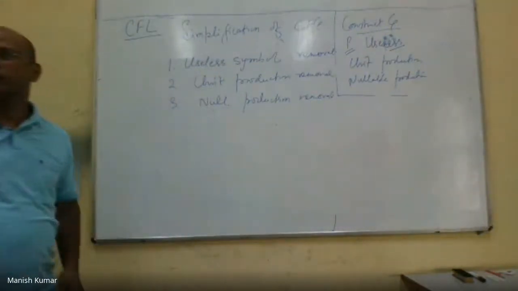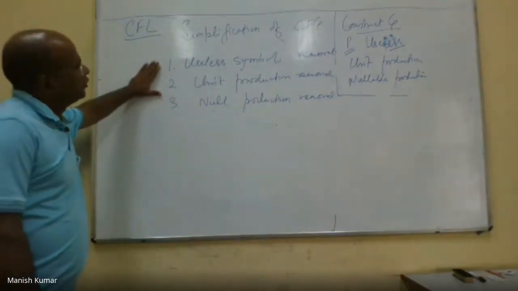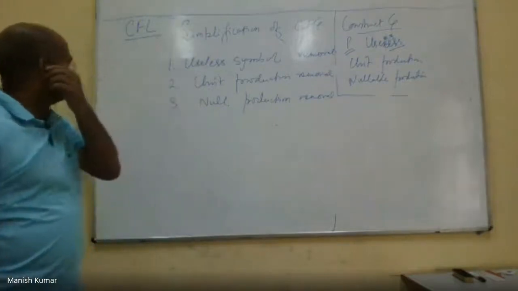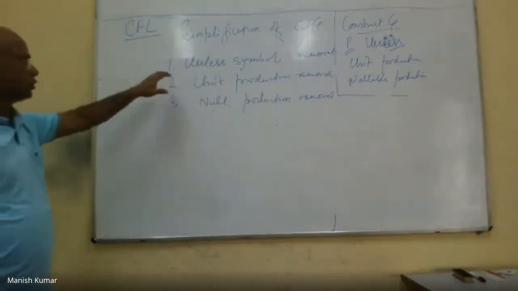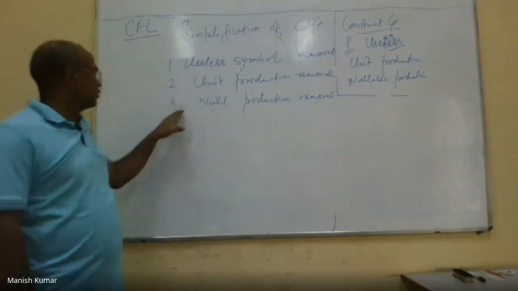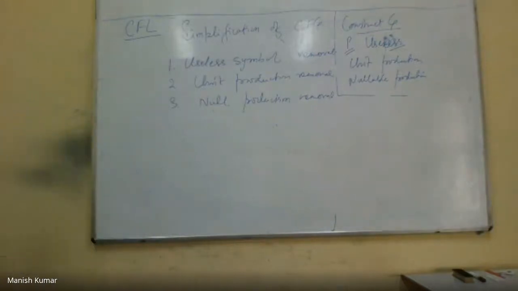Okay. So these three are required for the simplification: you need to remove the useless symbols, you need to remove the unit productions, and then also you have to remove null productions as well.